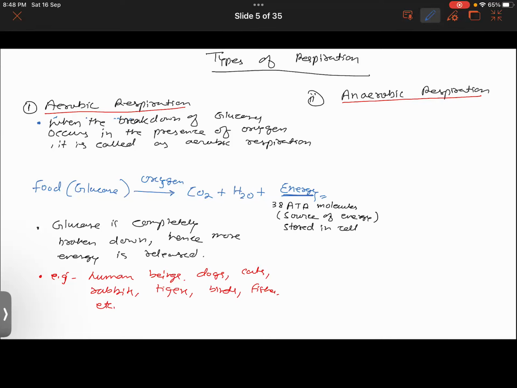And we talked about the types of respiration. It could be aerobic and it could be anaerobic respiration. Tell me the difference between aerobic respiration and anaerobic respiration.